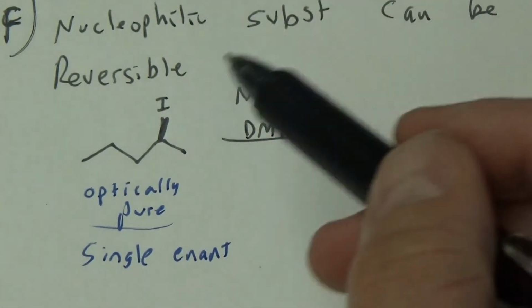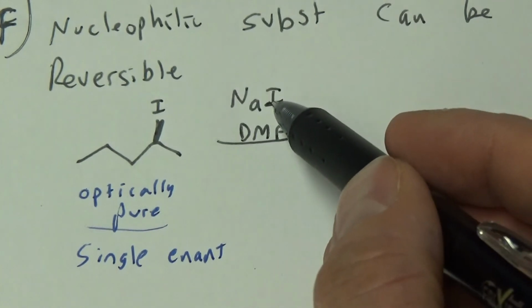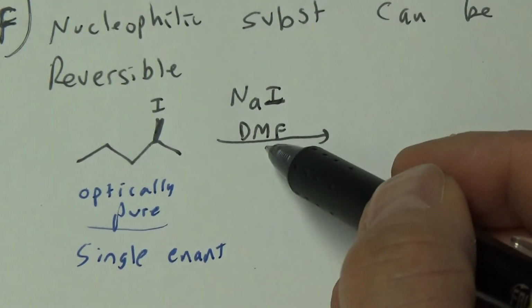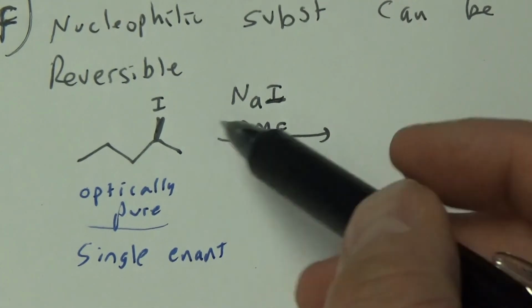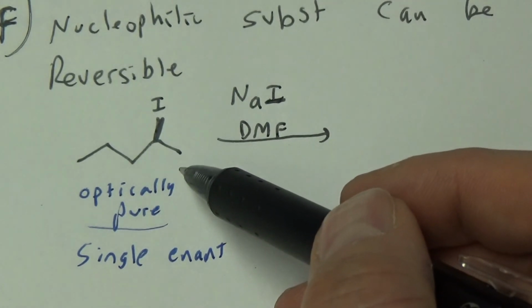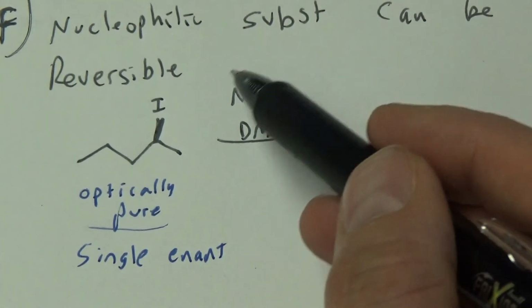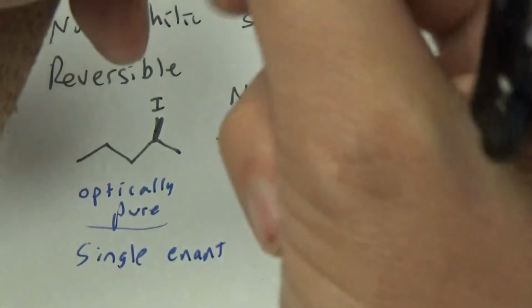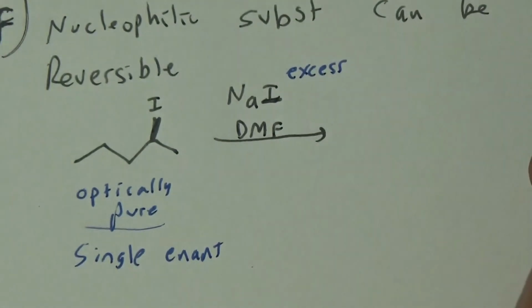And so if I take this stuff, and right now it's a single enantiomer, and I expose it to sodium iodide in DMF, a good SN2 solvent, a polar aprotic solvent, what's going to happen? Is it going to stay optically pure? Well, you can imagine that this might react, and we'll assume excess. We have a lot of sodium iodide around, right?